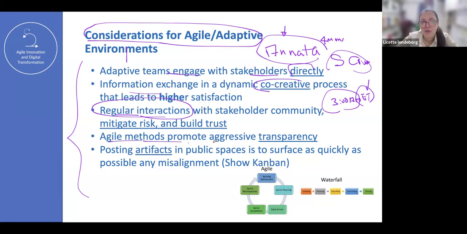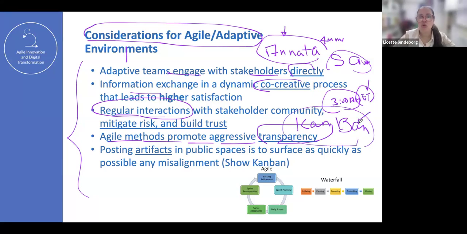And agile methodologies promote aggressive transparency. That's why we need to create Kanbans and a dashboard that every single team member can visualize the progress of the project.